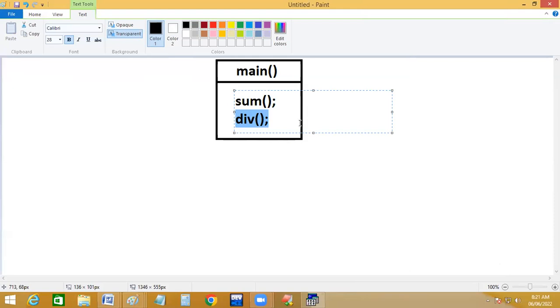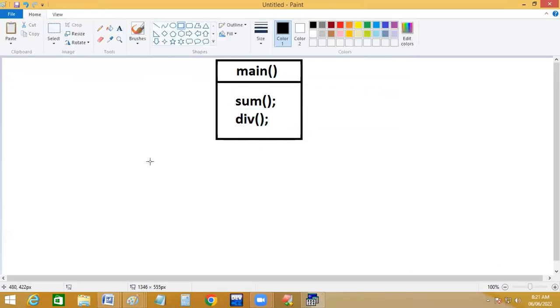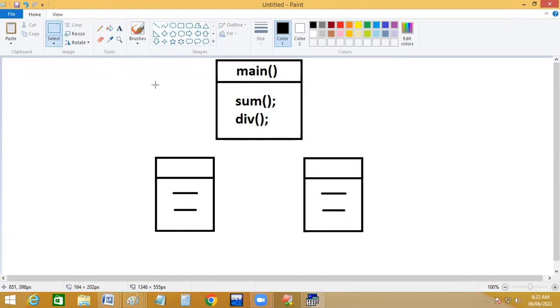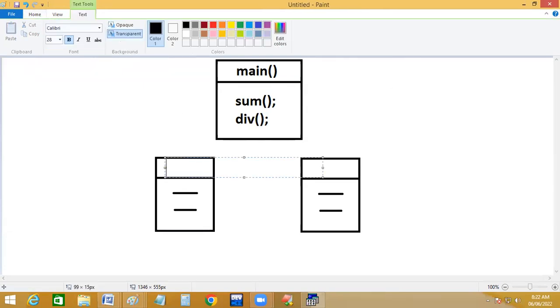Yes. This is the sum function code, and this is the division function code. It is the sum program and the division program.